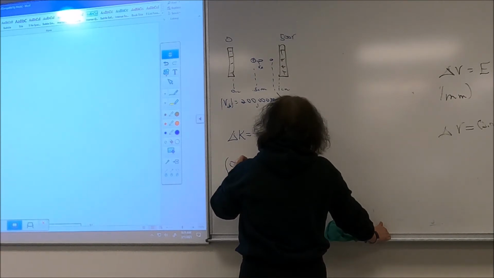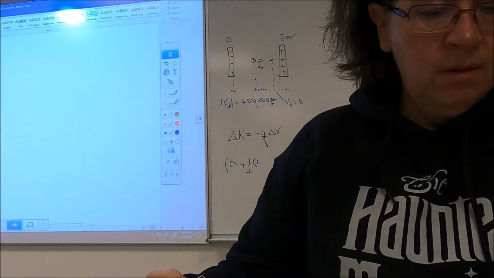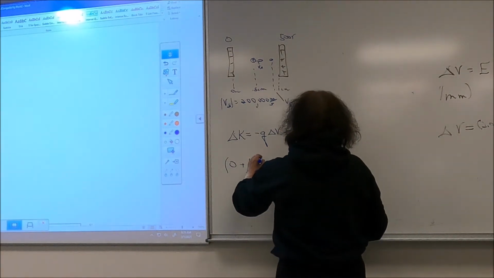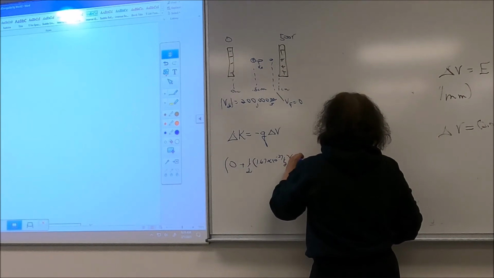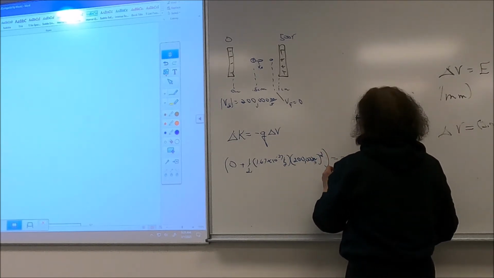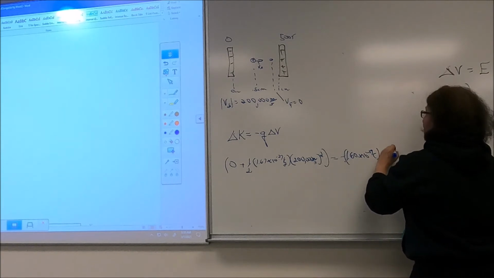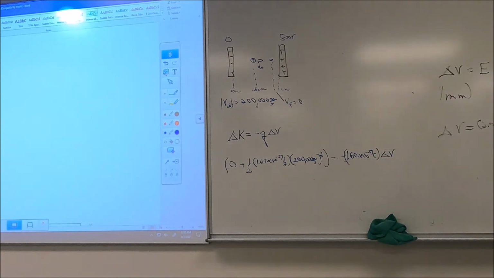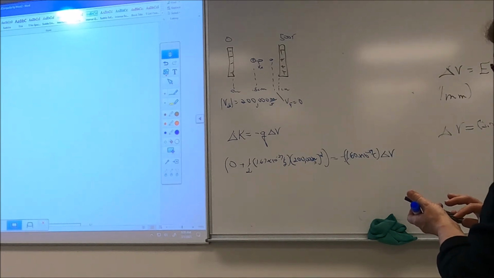Our kinetic energy initially is 1/2 times the mass of the proton, which I keep forgetting is 1.67 times 10 to the minus 27 kilograms, times 200,000 meters per second squared, has to equal the negative of Q, which is 1.60 times 10 to the minus 19 coulombs, times delta V. So 1.67 times 10 to the negative 27 times 200,000 squared divided by 2.